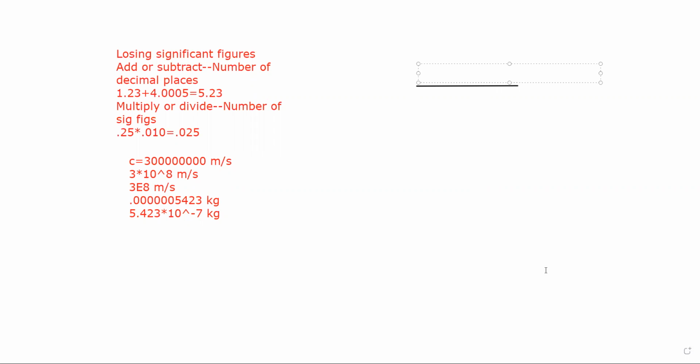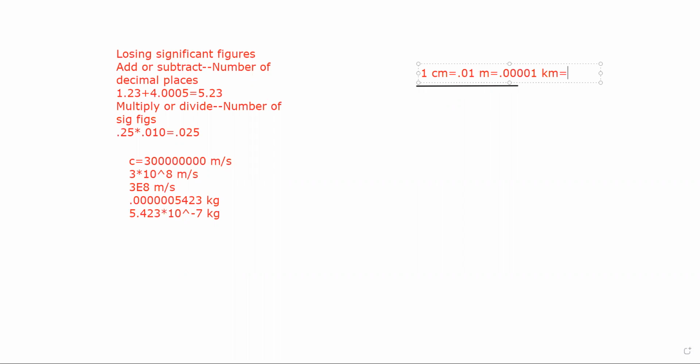But anyways, for example, we sort of touched on this earlier, 1 centimeter is equal to 0.01 meters, which is equal to 0.00001 kilometers.